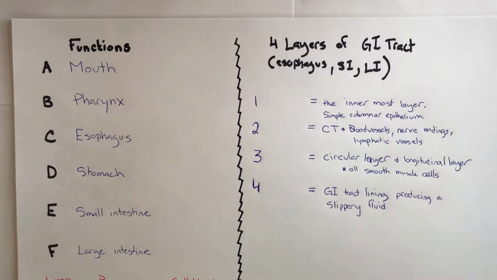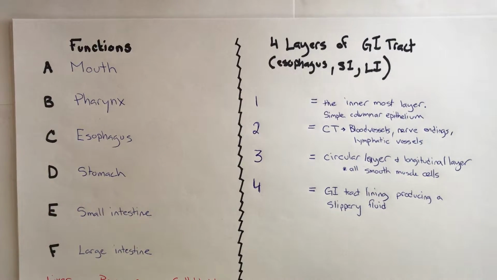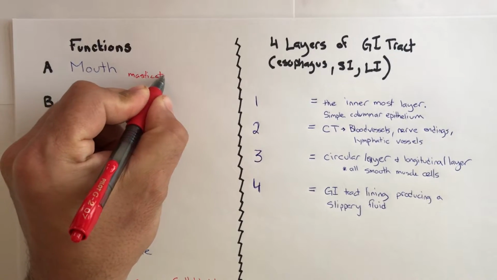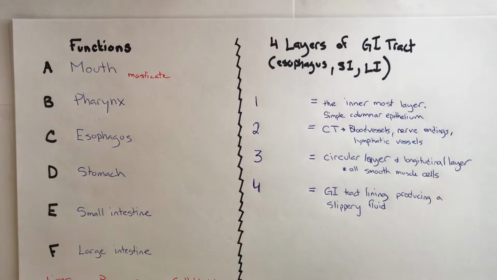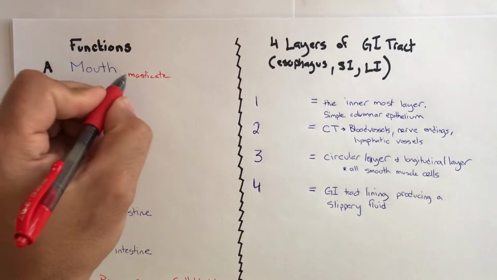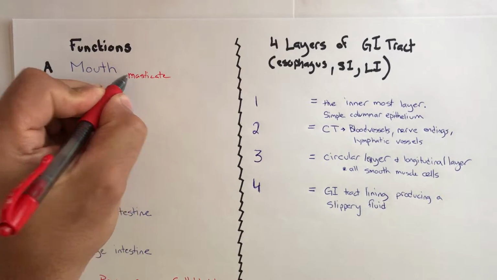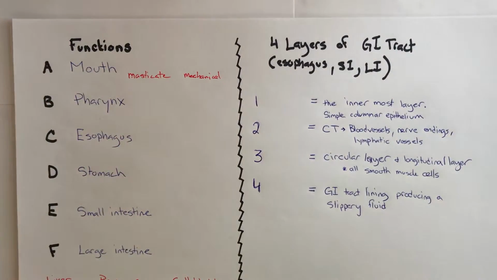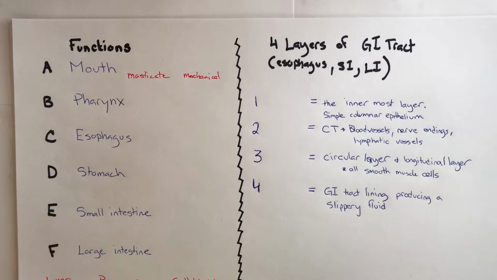The mouth, in particular, allows us to masticate or chew, and this helps with digestion, of course, mechanical digestion. Masticate. The tongue helps mix this masticated food with saliva.